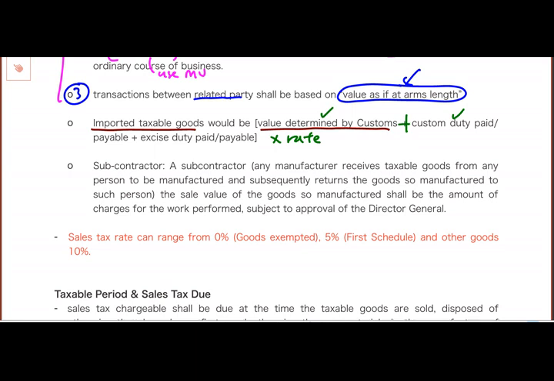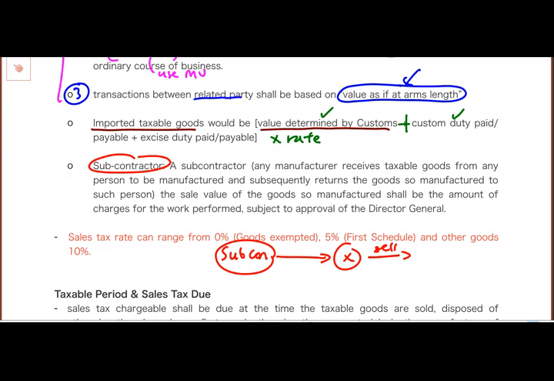Now, we can also have cases with a subcontractor. Basically, a subcontractor is where you get another person to do the work and pass it back to you. So it's like you have a subcon that will do the work and pass it back to X to continue manufacture, and then you sell.